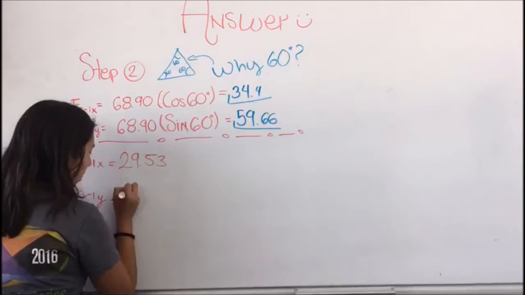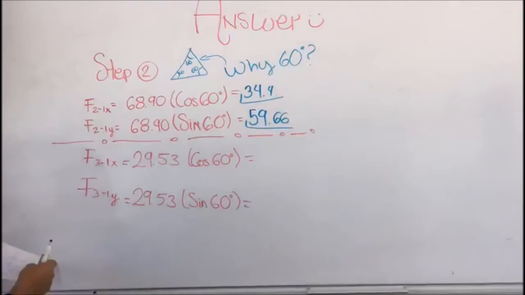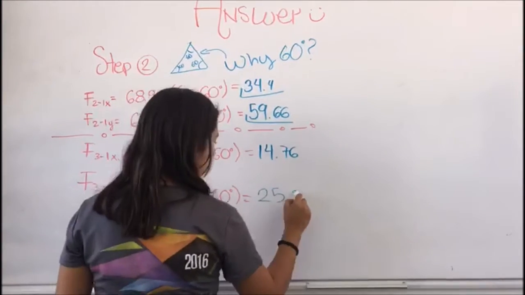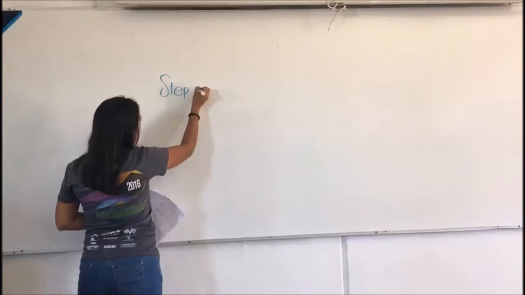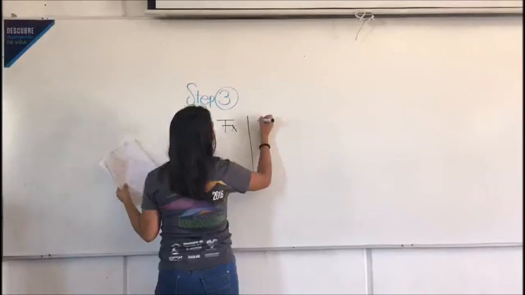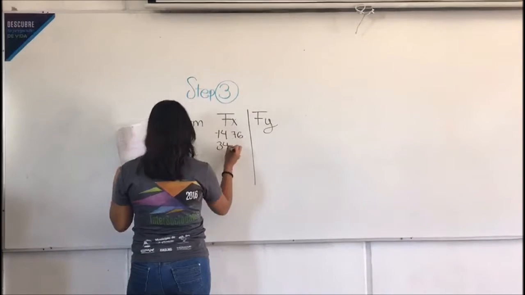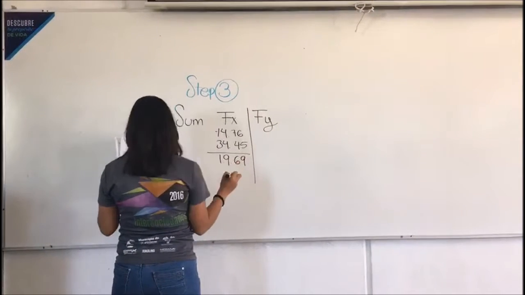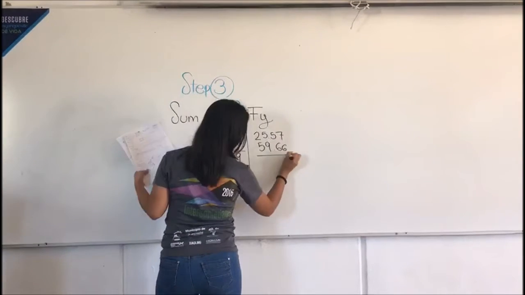Now that we get x and y of each force, we're going to sum them. We're going to add the values of 2 to 1 x and 3 to 1 x, and we're going to add the values of y of 2 to 1 and 3 to 1. Now we can get the formula of net force.